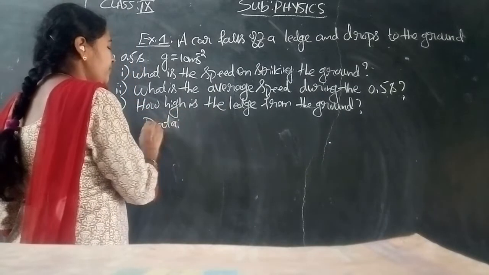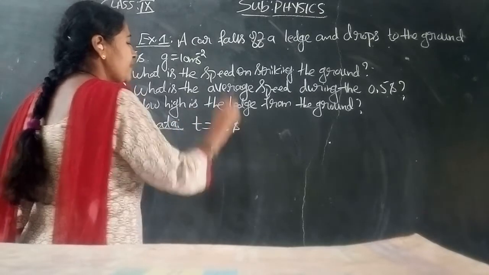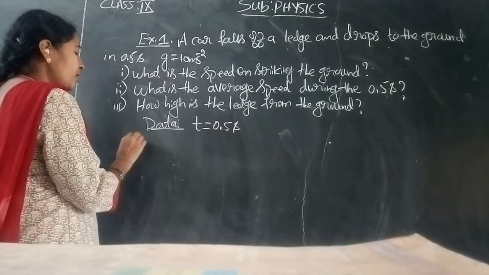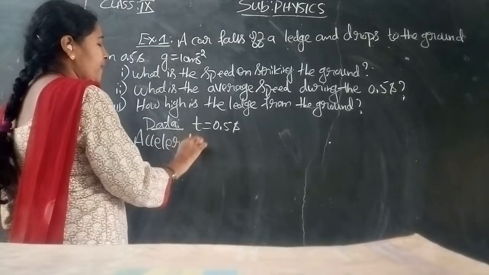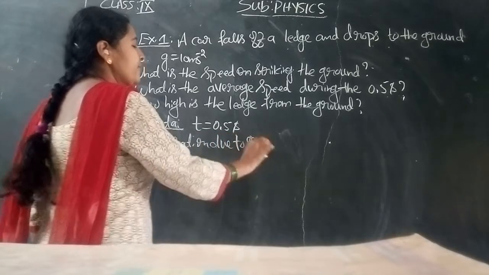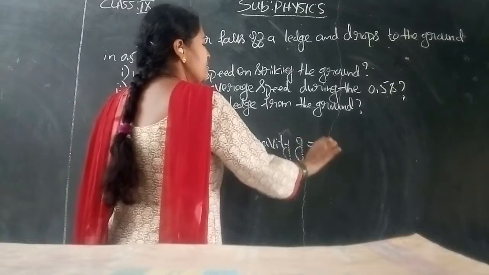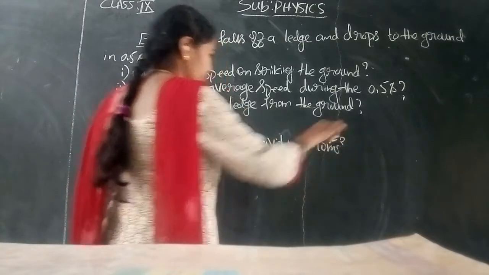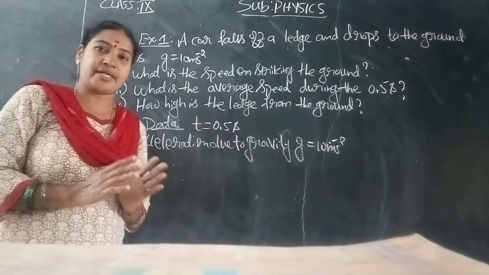What data have they given? Write down the time they have given as half second, that is 0.5 seconds. Then what have they given? Acceleration due to gravity, g is equal to 10 m s to the power of minus 2. But now we have to write the acceleration of the object.